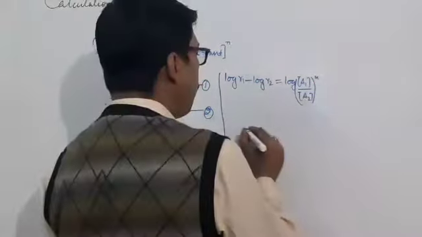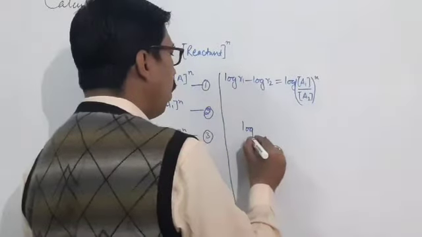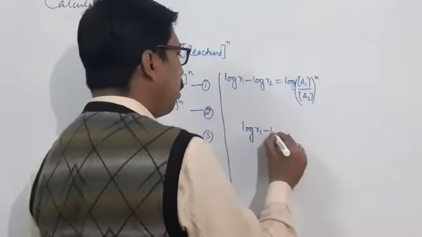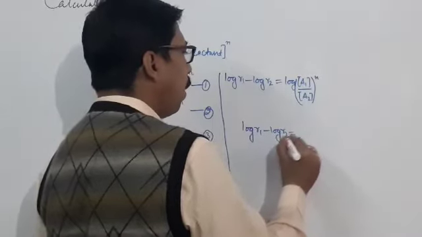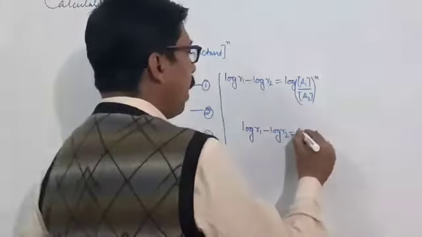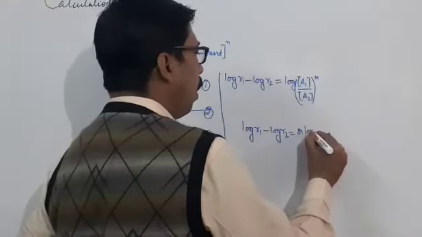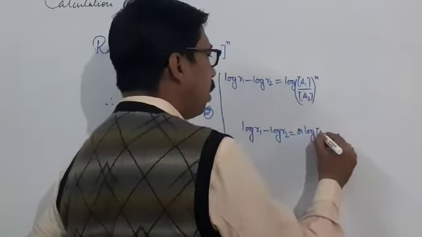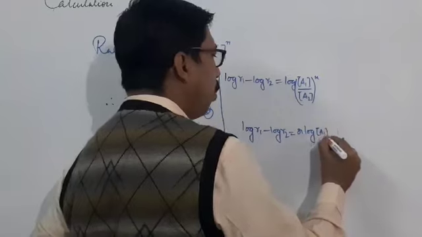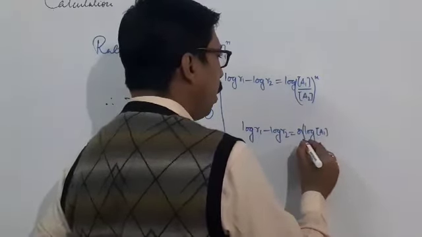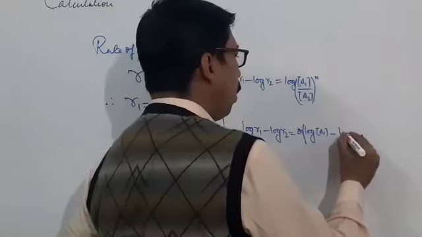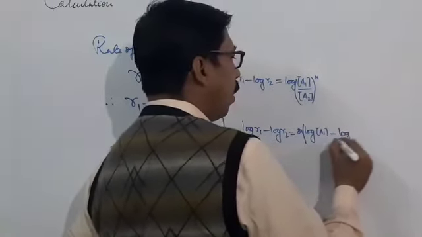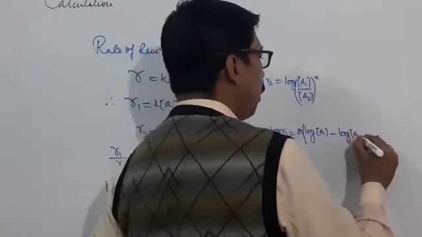Therefore, it will be log R1 minus log R2 equal to n times log concentration of A1 minus log concentration of A2.